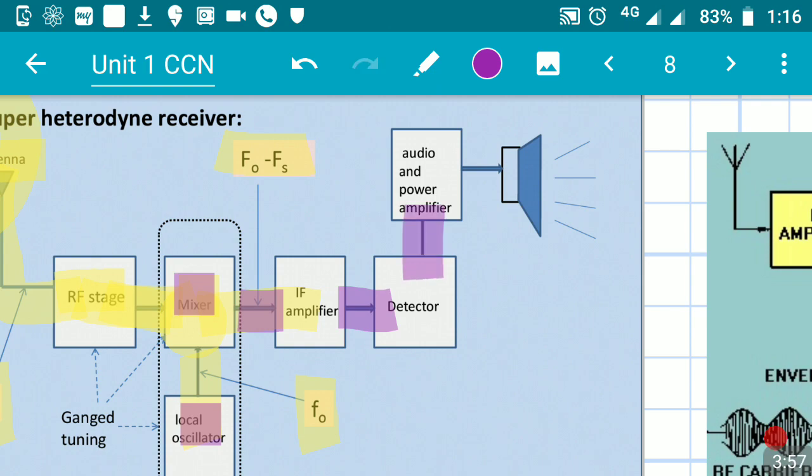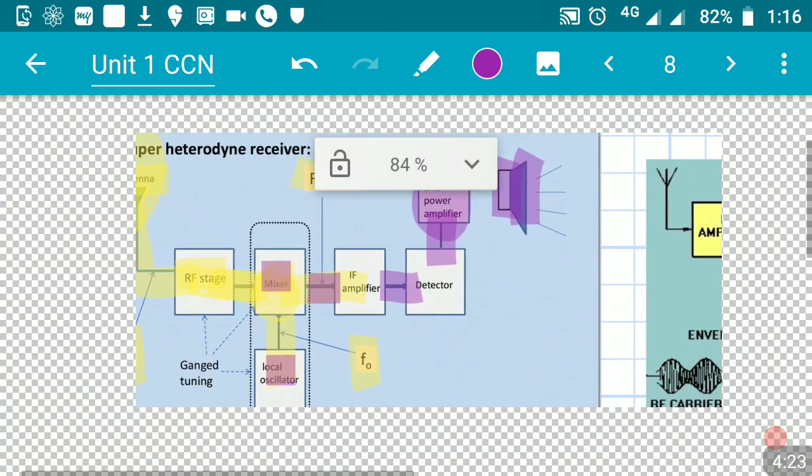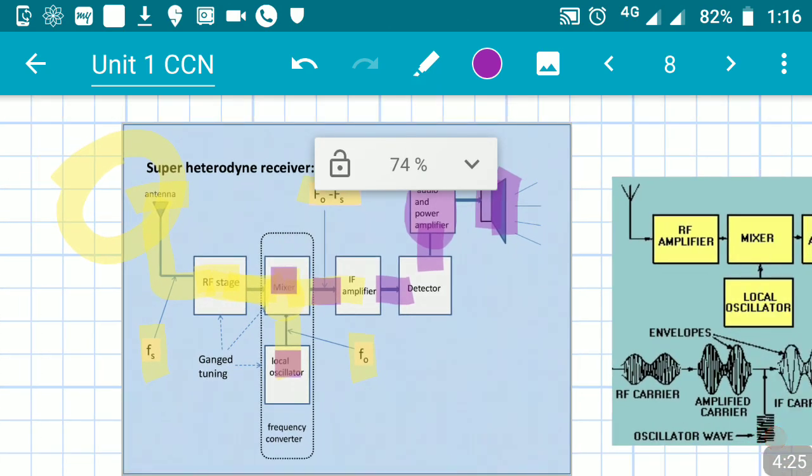Then the signals are given to the audio power amplifier, which gives power amplification for the audio signals, and then it is given to the loudspeaker. The function of the loudspeaker is to produce the original audio signal loudly so that it is audible to humans. So these are the different blocks of the superheterodyne receiver.